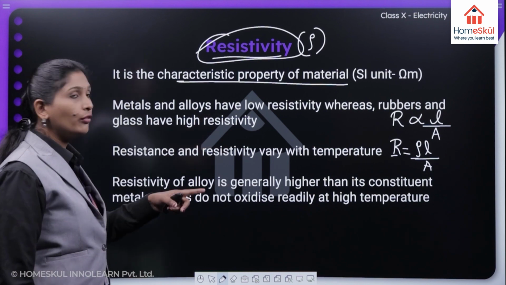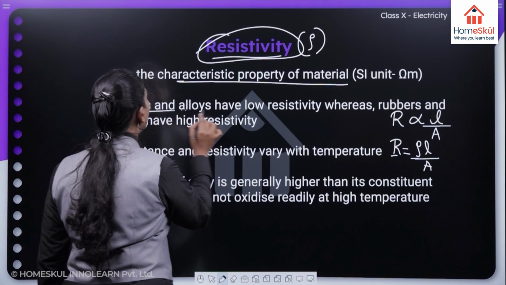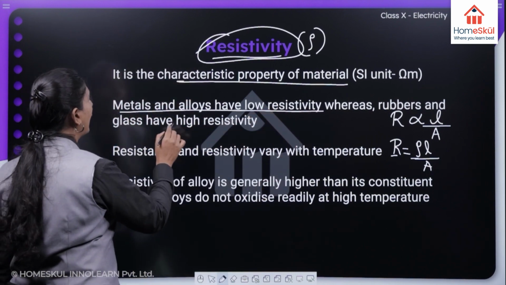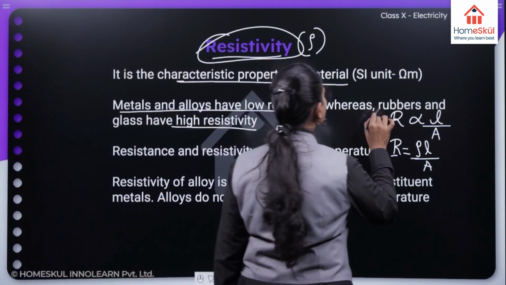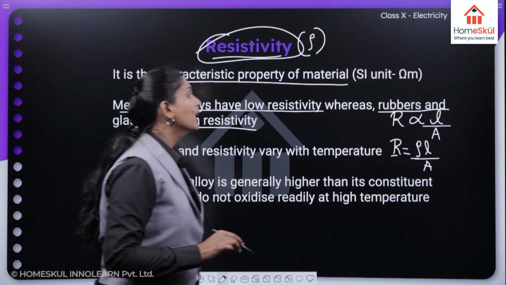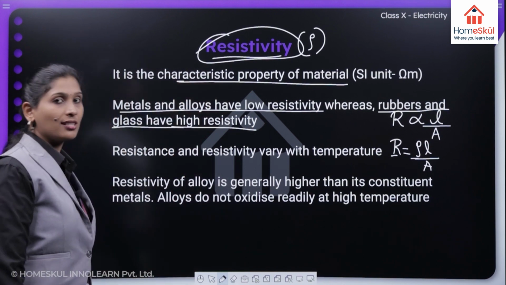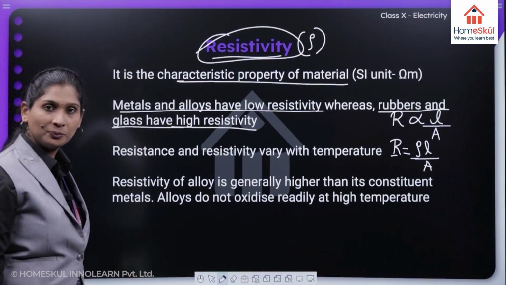And when you consider the value of resistivity, you could see that metals and alloys have low resistivity, whereas rubbers and glass have high resistivity. As I told you, that's a material property, a characteristic property of the material.